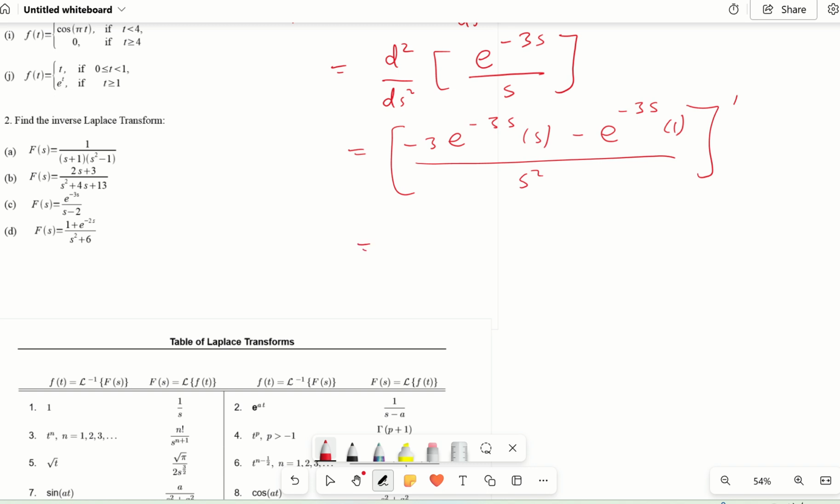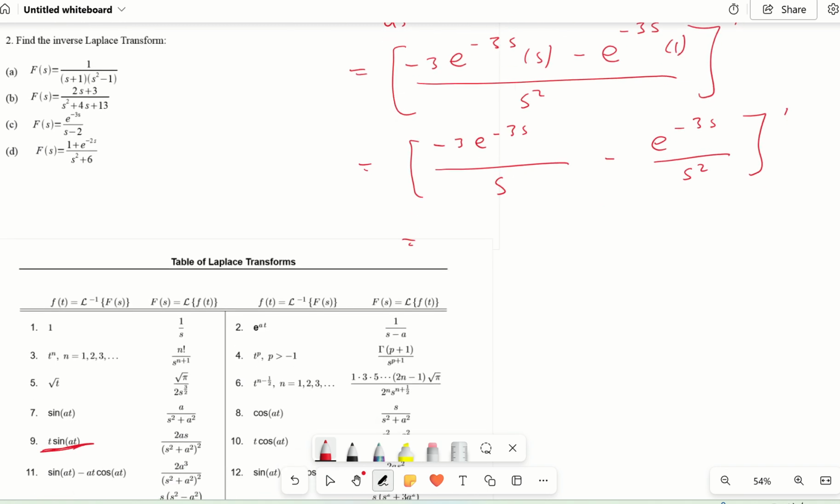So let me simplify it further. It's negative 3 e to the negative 3s multiplied by s all over s squared minus e to the negative 3s all over s squared, and this is all prime. But then you could see that we have s here, so let me cancel. So let's differentiate the first one and the second one, and we're going to use the chain rule on each part.